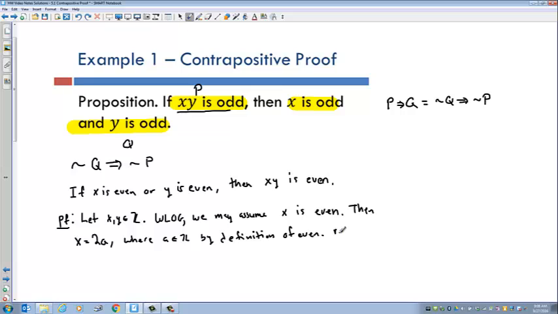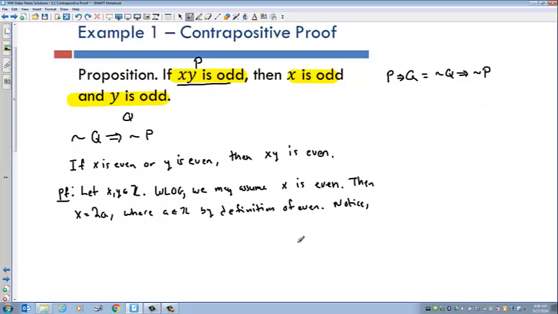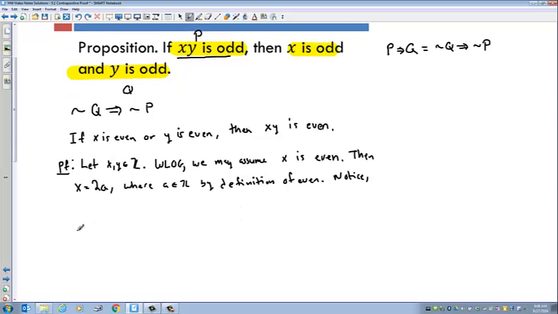And then notice we can rewrite this x times y to be equal to what? Well, x is 2a, and then times y, which is really equal to 2 times b, where b is equal to a times y, which is also an element of the integers.